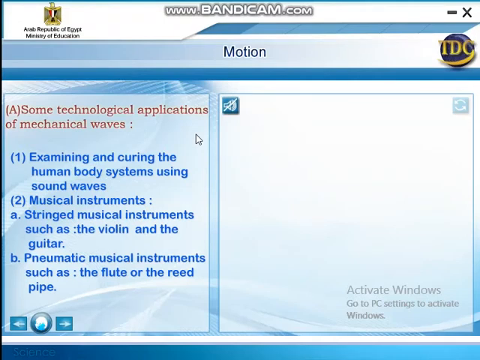Number 2, musical instruments, like stringed musical instruments and pneumatic musical instruments. Stringed musical instruments such as violin and guitar. Pneumatic musical instruments such as flute and reed pipe.